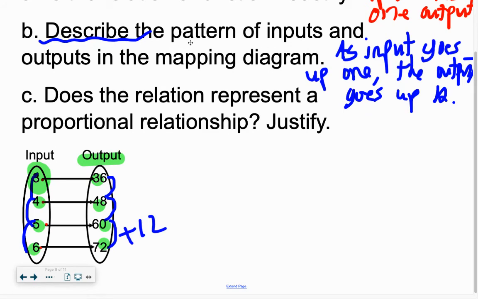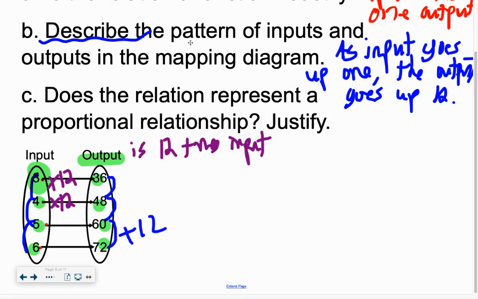When we're looking at that, 3 times 12, 4 times 12 gives us 48. So you could tell me that the output is 12 times the input. That would be another way to explain it. I'm sure if we wanted to take time, we could find a third way to explain it, but we won't.